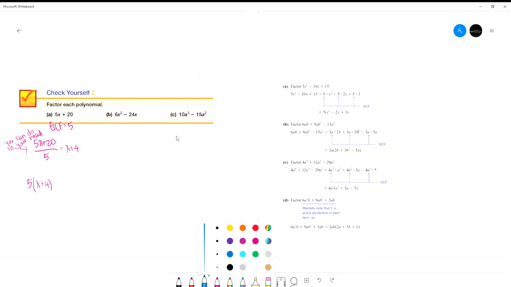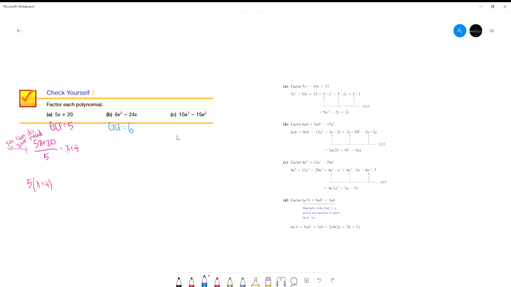6x squared minus 24x. Find the GCF. I'll give you a moment to look for the GCF. Okay, so the numerical part is 6, right?